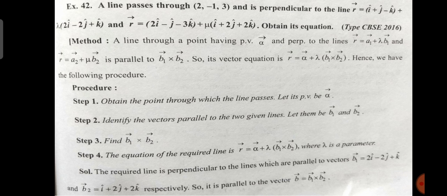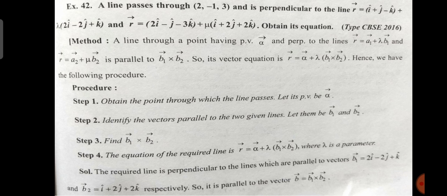A line passing through a point having position vector alpha and perpendicular to the lines vector r equals a1 plus lambda b1 and vector r equals a2 plus mu b2 is parallel to b1 cross b2. We have studied that also. So the vector equation is r equals alpha plus lambda into b1 cross b2.